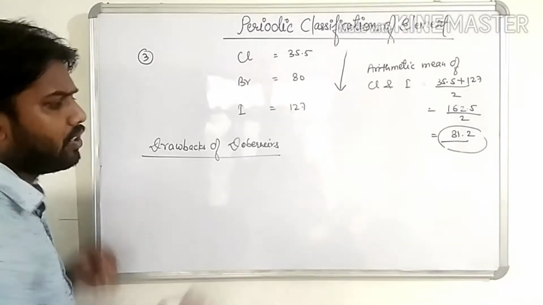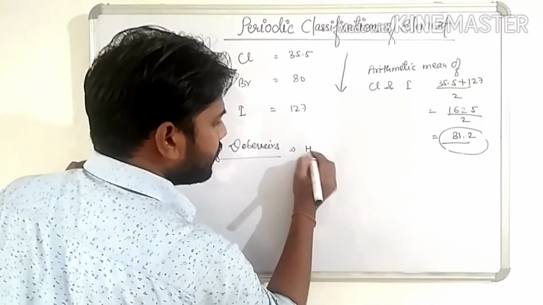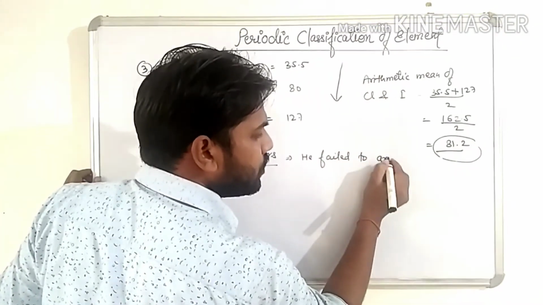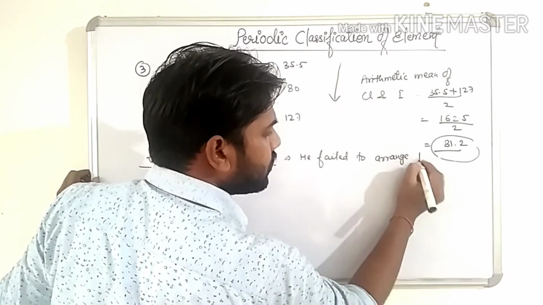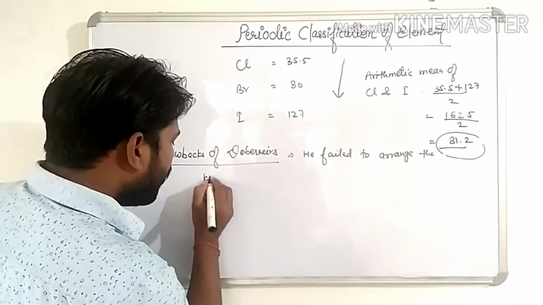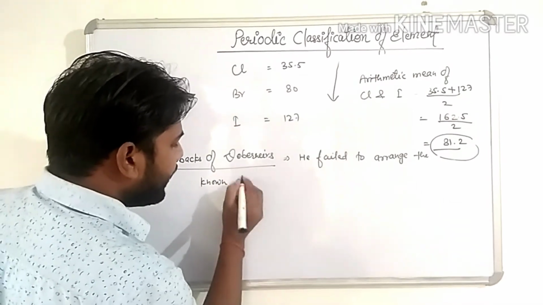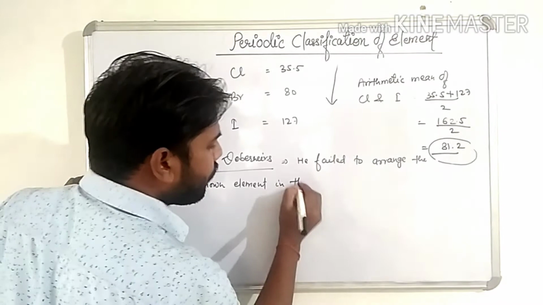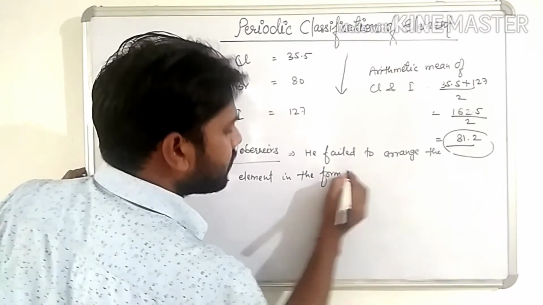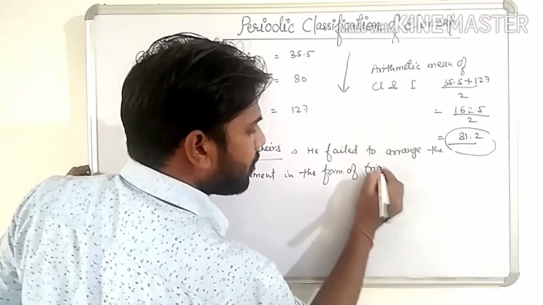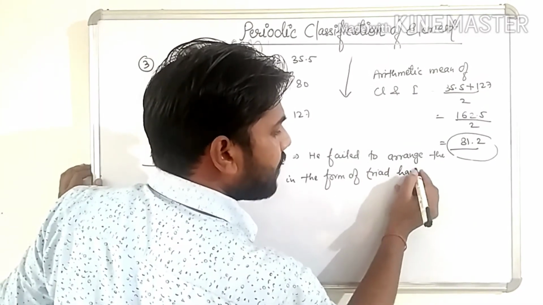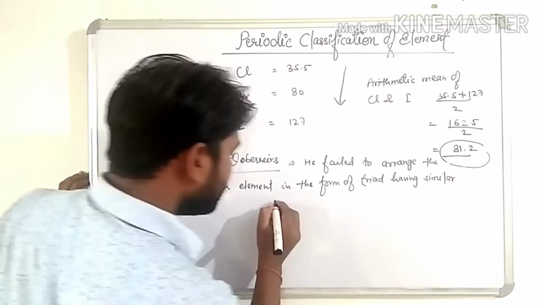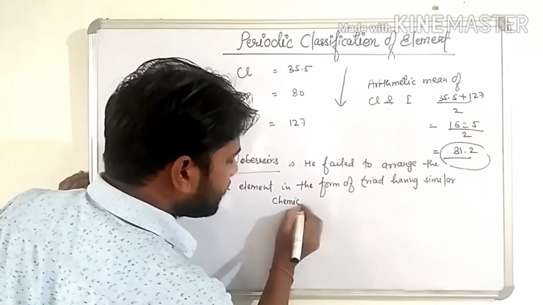So write in your copy, children: he failed to arrange the elements in the form of triads having similar chemical properties.